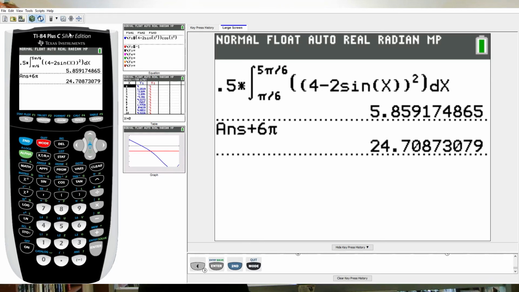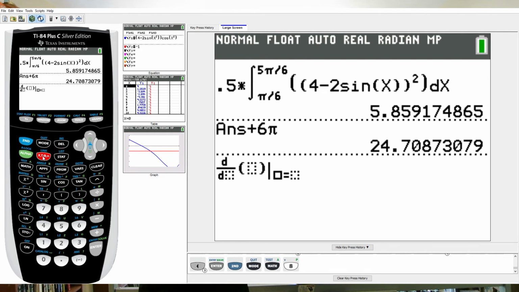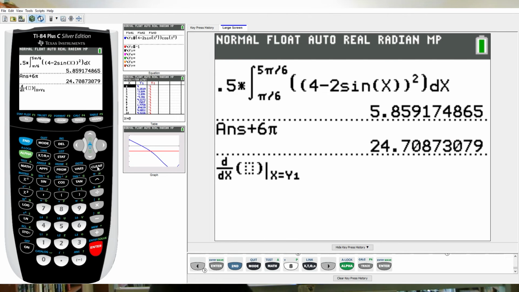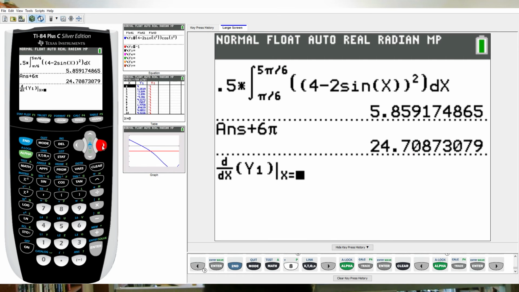So what I'm going to do is math n derivative, math 8, of, with respect to x, of y1. And I want to do that at 1.5. And I end up getting that the first component is approximately negative 8.072. This is approximate.